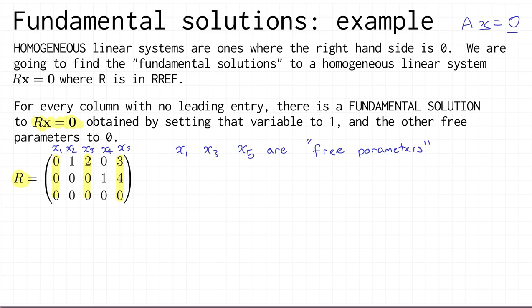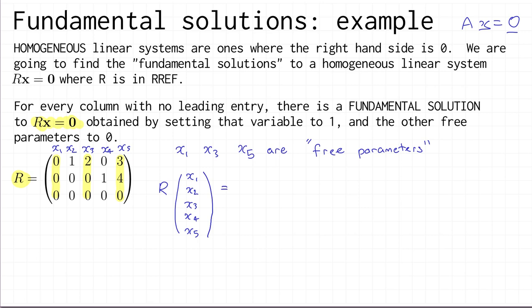So let's think about what happens when we do a matrix multiplication, like multiplying R into a column. If we multiply R into a column vector, it has to be a column vector of height 5. So let's say we multiply it into x1, x2, x3, x4, x5, like this.